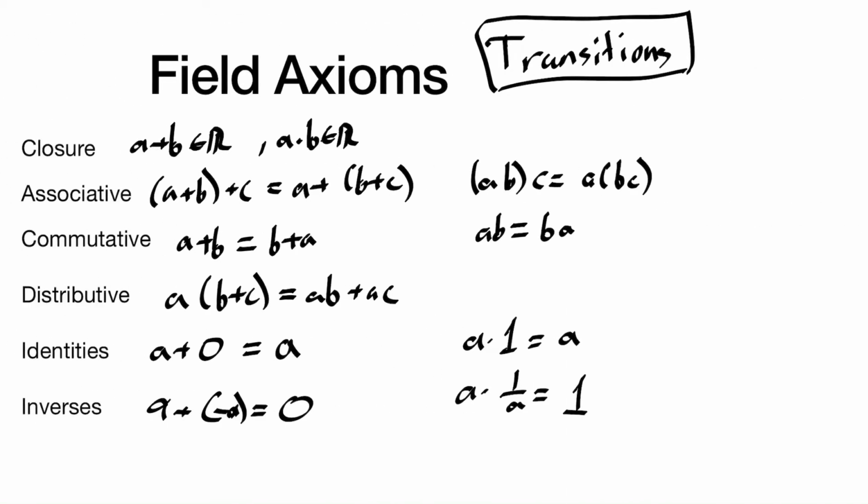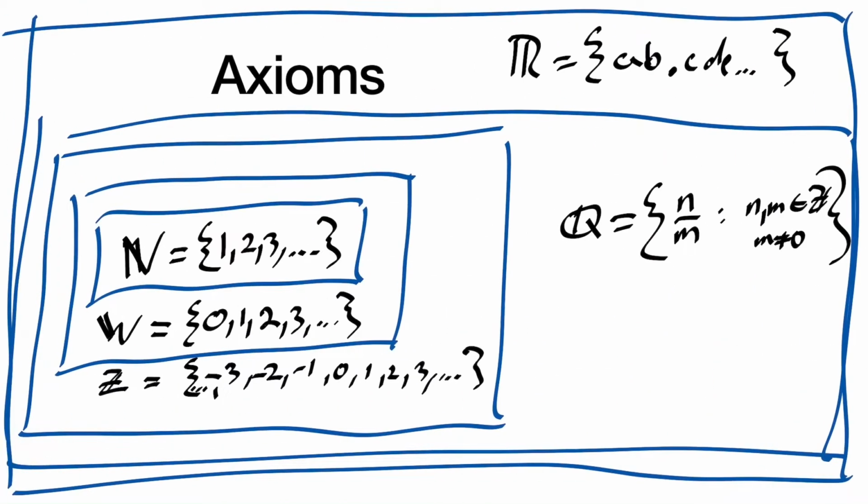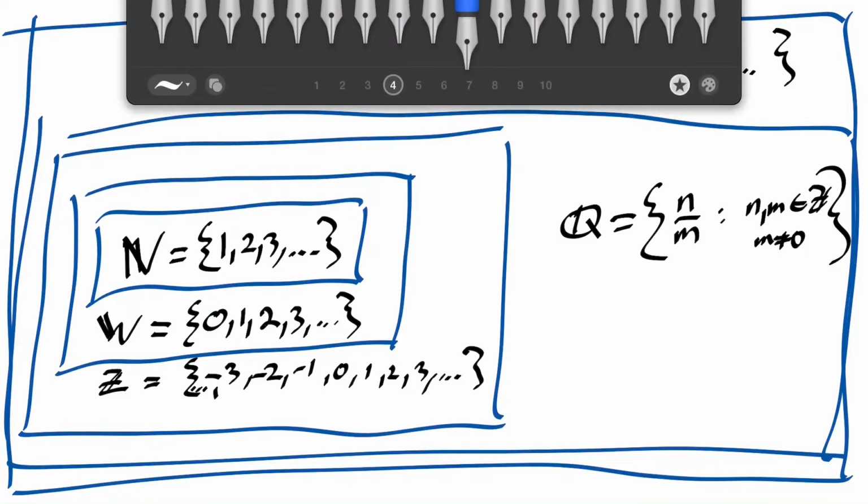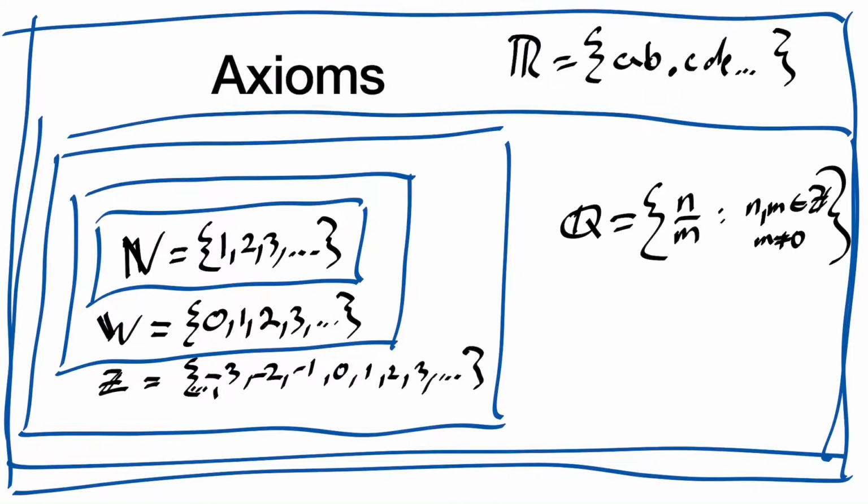Okay. So let's think about these field axioms. As I look at these axioms, they actually tell us what the differences are that I was going for just a minute ago between the natural numbers, the whole numbers, and the integers. If you think about it from this perspective, we might notice that our natural numbers are kind of the counting numbers, the most natural things. As we move from the natural numbers to the whole numbers, what have we done?